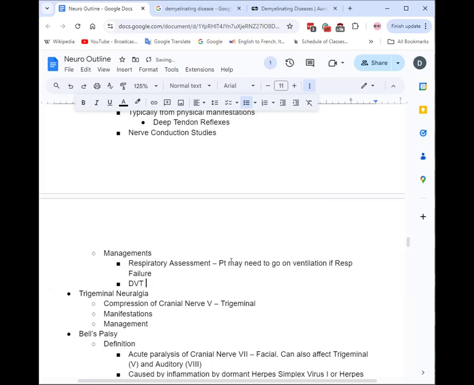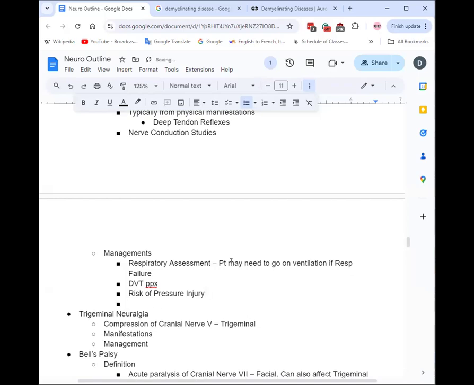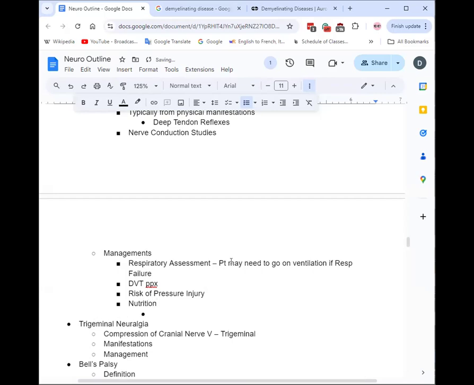Yeah, they're at risk of DVT. So you want DVT prophylaxis, and pressure injury prevention. So you're going to turn them regularly and assess their skin. What about nutrition-wise? You're going to want to do aspiration precautions, but if they're able to eat, you can try to see if there's a diet that works for them, like a soft diet or bland diet.